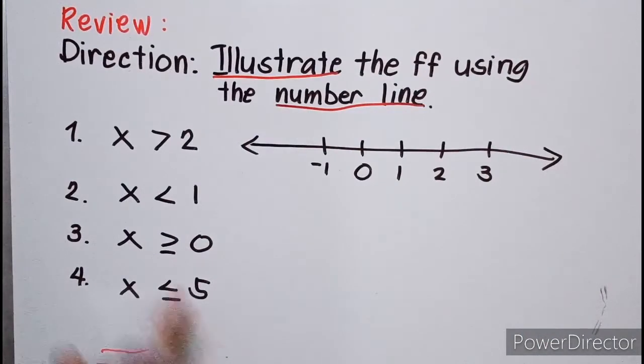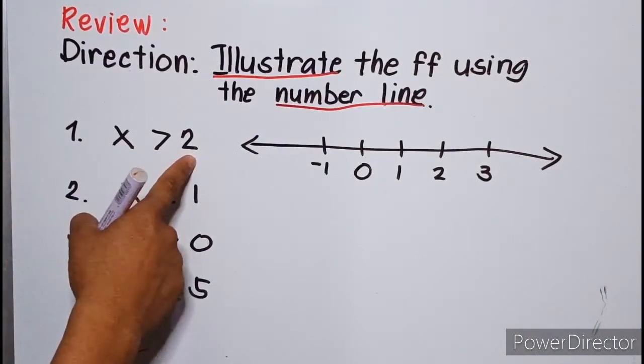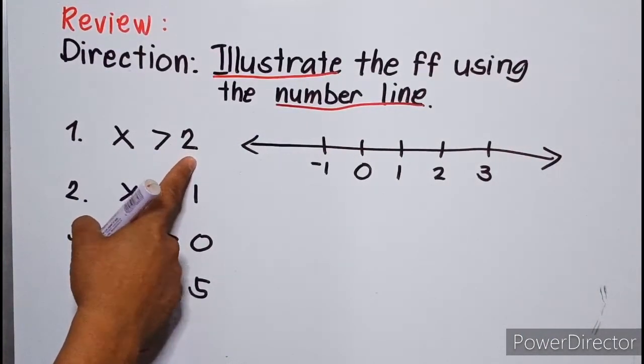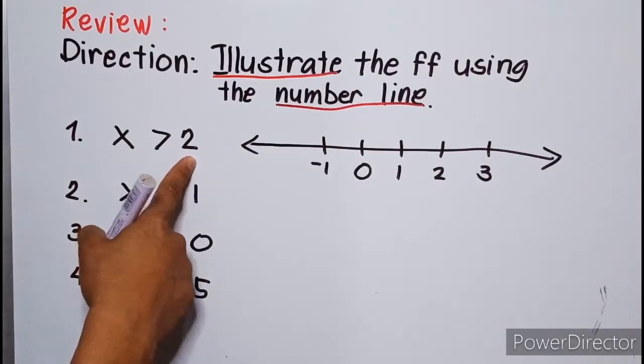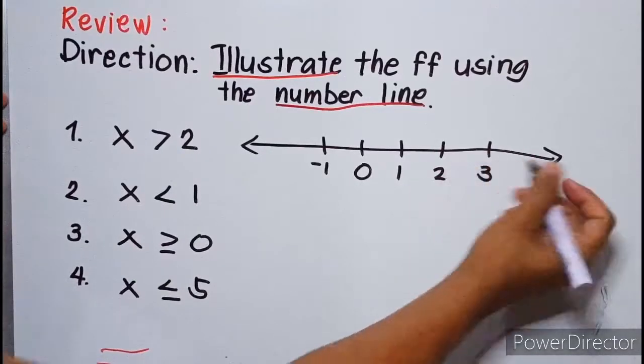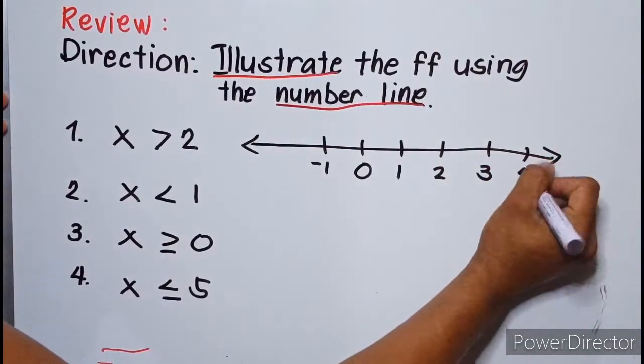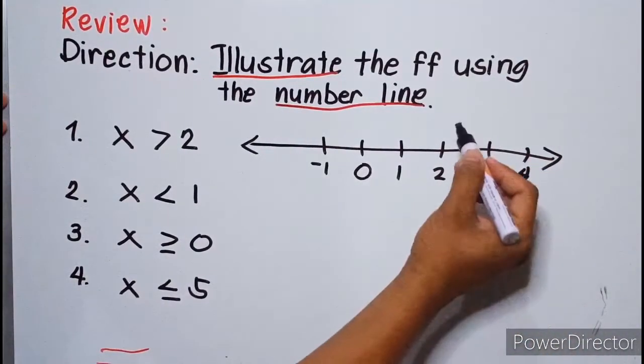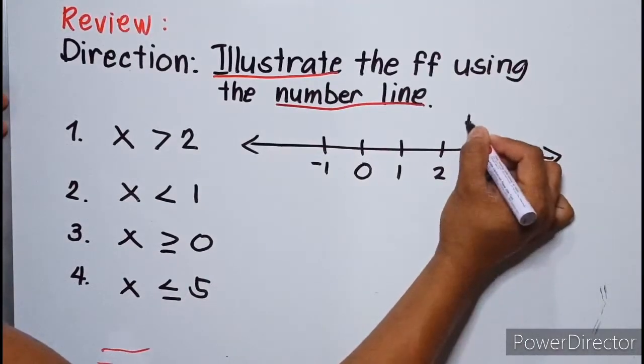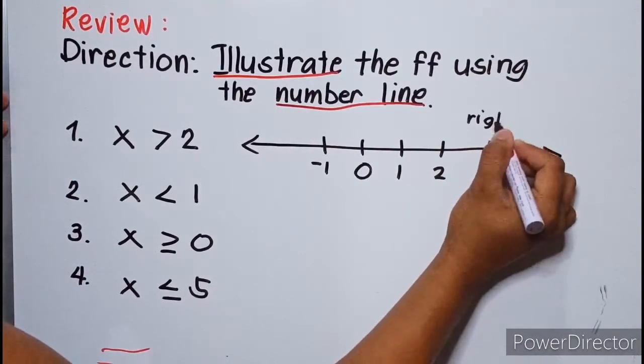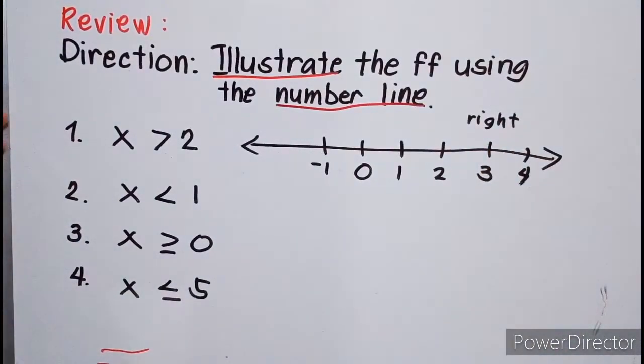Now it says here x is greater than 2. So what are the values that are greater than 2? Ano ba yung mga numbers na mas malaki sa 2? So we have 3, 4, and so on. Meaning, it goes to the right. So kapag greater than, it moves to the right.